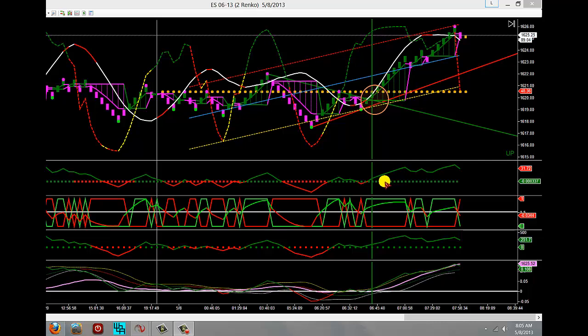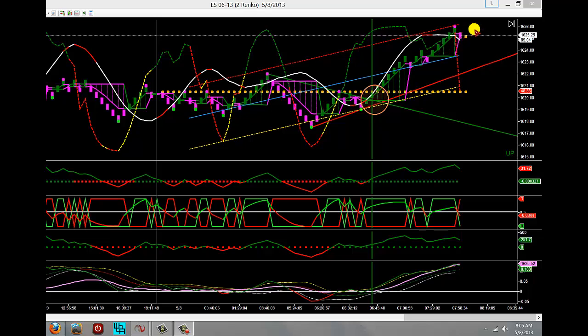And we can see here the zero line is still green, the indicator is green, it's well above the zero line. So that gives you a clue that there's not going to be a big down movement right at the moment here.